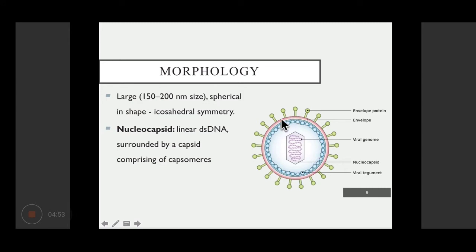Then outside there is a tegument followed by an envelope, and from the envelope there are projecting envelope proteins which are glycoprotein in nature. So this is the basic structure of the herpes virus, and the structure is more or less similar for all the members of this family.